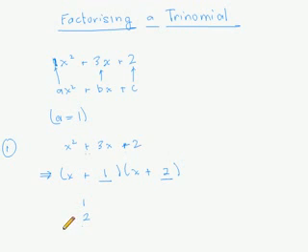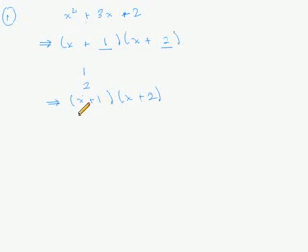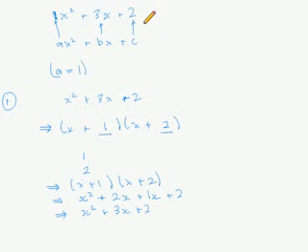Okay, just to show that it all works, we have x plus 1, x plus 2. Let's expand that out. What do we get? x squared plus x multiplied by 2, which is 2x, plus 1 multiplied by x, which is 1x, plus 2, which gives you x squared plus 3x plus 2, which is where we started.